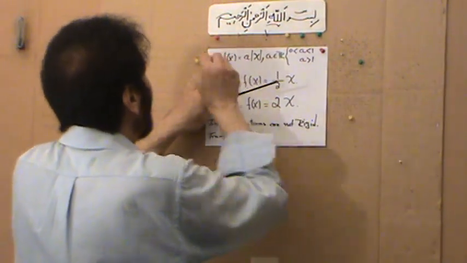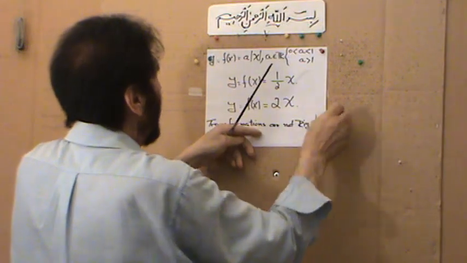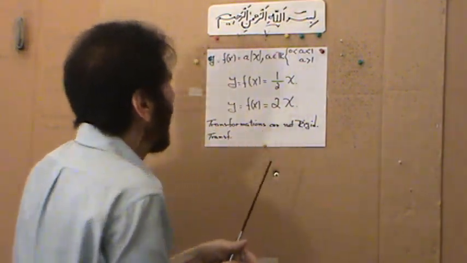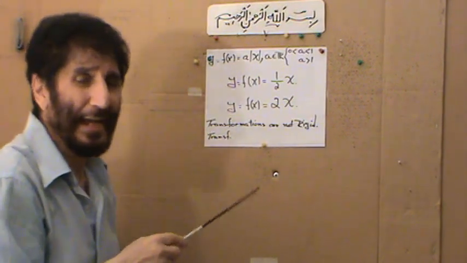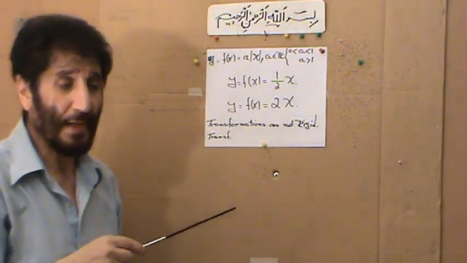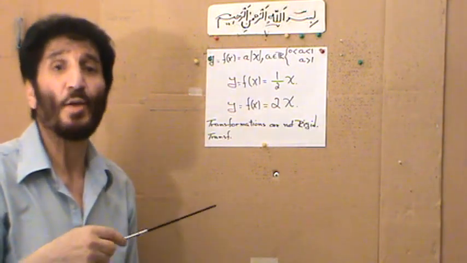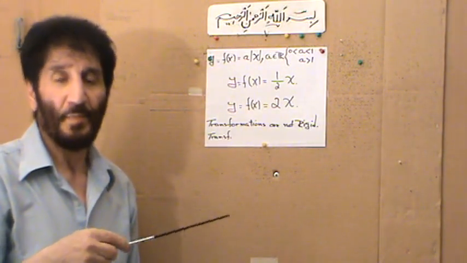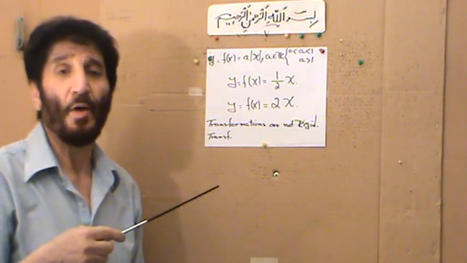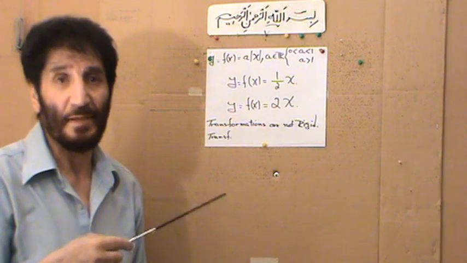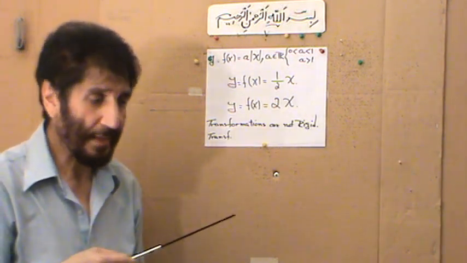So we want to know how the transformed graph will look when we have a times the absolute value of x, where a is a constant number. When I use the word number, it often means real numbers, and a number can be positive, negative, or 0. 0 and 1, of course, are trivial.